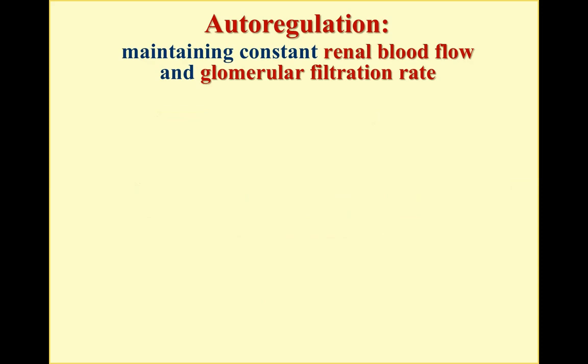Autoregulation. There are a few mechanisms of autoregulation, of constancy of renal blood flow, and therefore, which is important, glomerular filtration rate. One type of autoregulation was studied in the regulation of blood pressure.